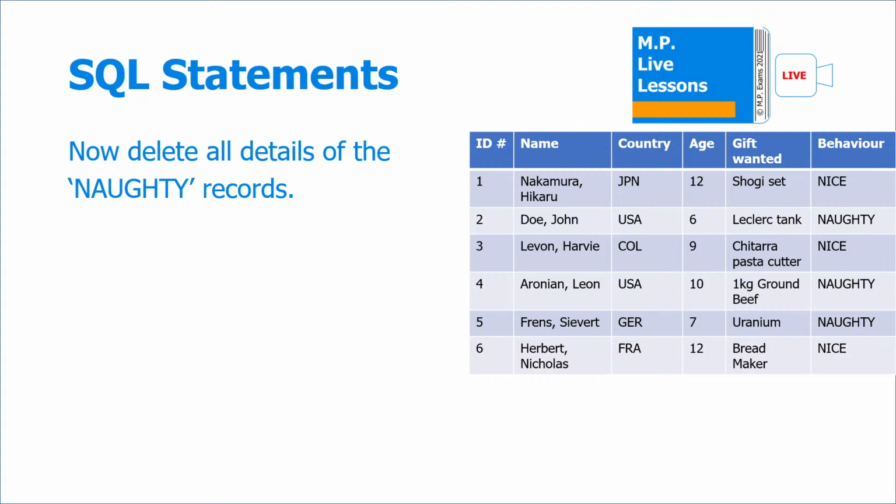Now, records are these rows instead. So these are like the IDs. So each person. Now, to delete, you start with the command delete.